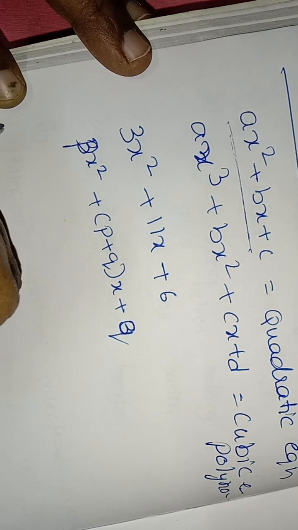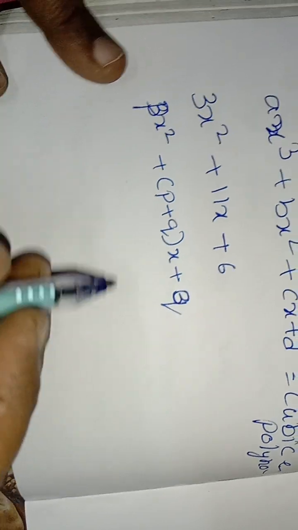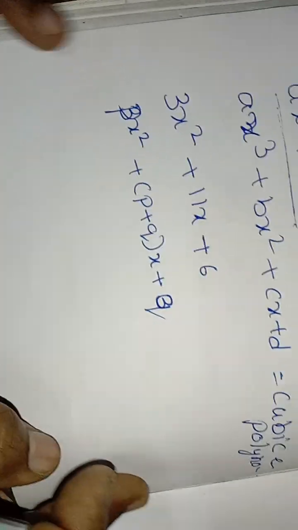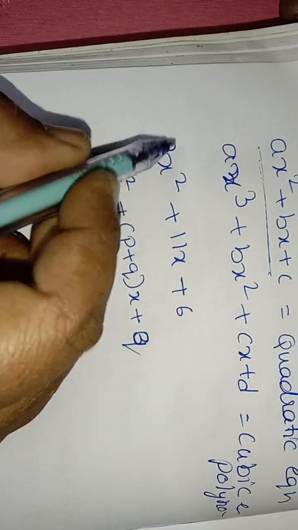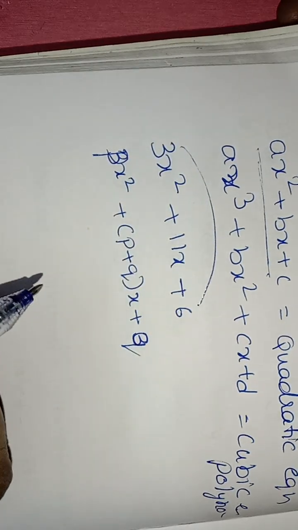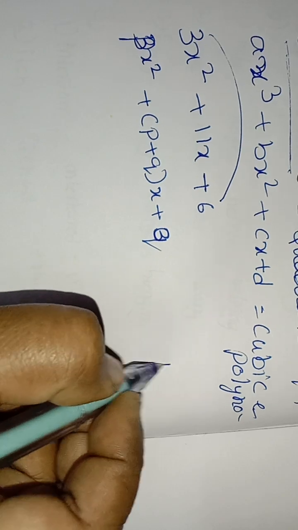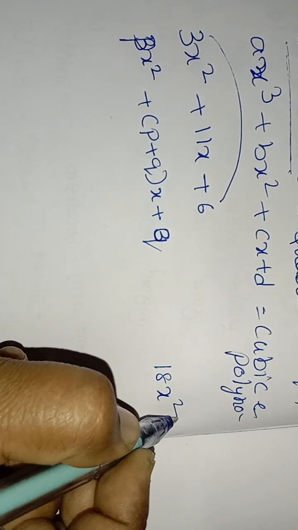First, what we have to do, we already know something about this procedure. We multiply 6 into 3x square: 6 threes are 18, so 18x square.